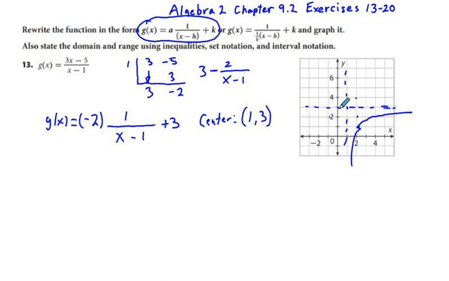And then over here, because we would normally be at 1 left and 1 up with a vertical stretch of 2, we're going to be like this. And you can verify what that is by making a table.